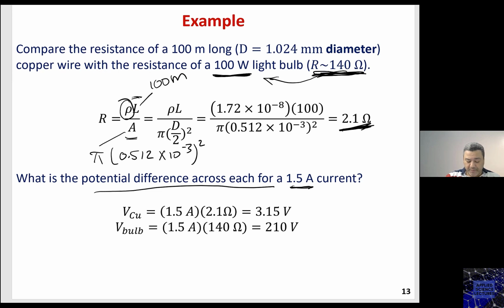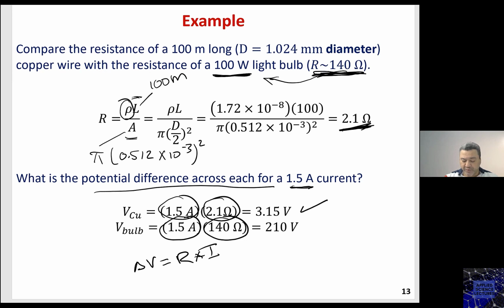I know from Ohm's law that the potential difference equals R times I. I have R, 2.1 for the copper wire, and the current 1.5. And I also have the resistance for the light bulb, 140 ohm times 1.5. Then the potential difference for the wire is 3.15 volt. However, the potential difference across the light bulb is 210 volt.